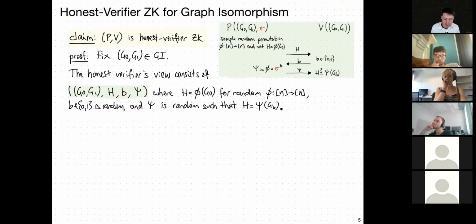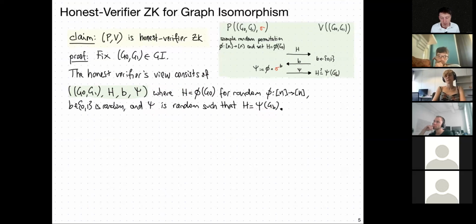And then we have the transcript of interaction, where the prover's first message, the verifier's randomness, and the prover's second message. Now, this is a good transcript in the sense that this first message is distributed as a random graph in an isomorphism class. B is a random bit, and psi is random subject to this condition.